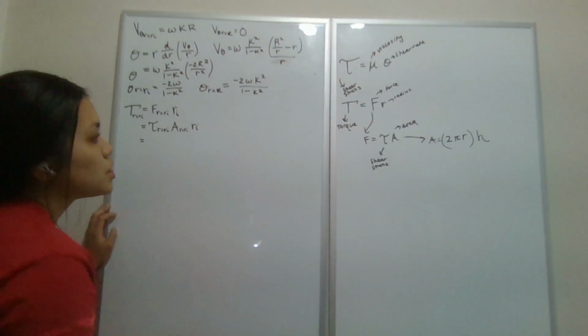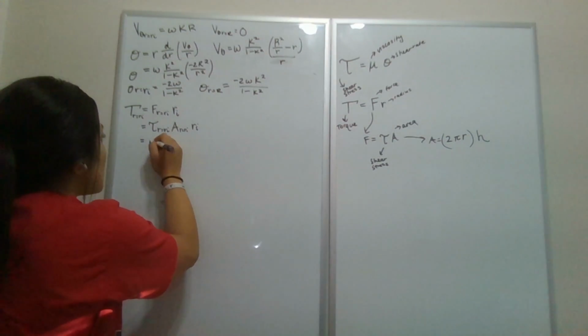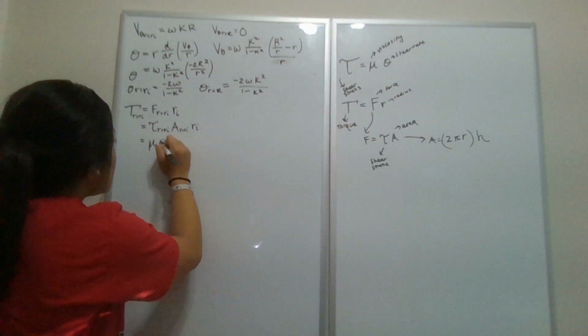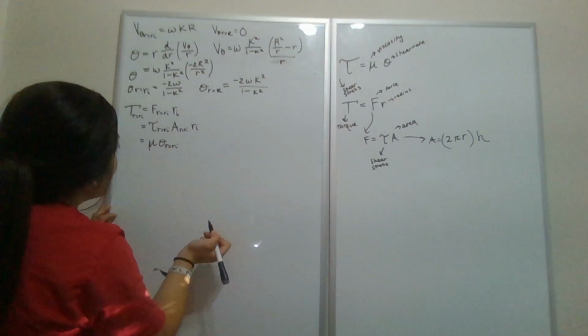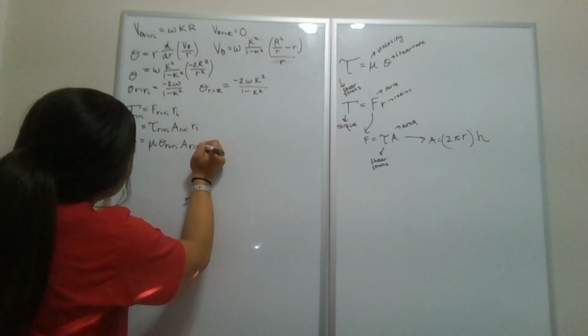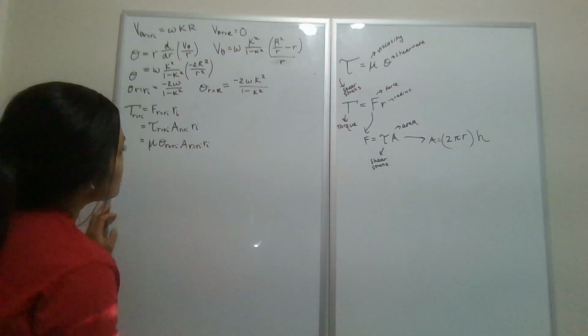And so the shear stress is just the viscosity times the shear rate at the inner radius times the area at the inner radius times the inner radius.